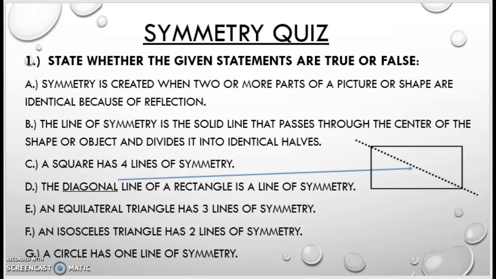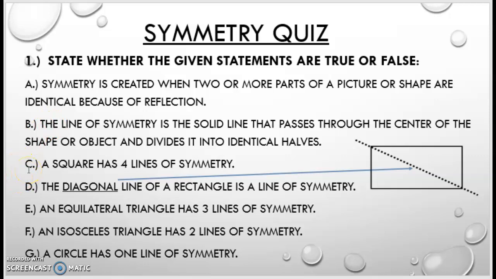Right, we're going to do 2 questions with the symmetry quiz. I'm going to read out the questions to you. All you have to do is state whether the given statements are true or false. Question 1 is on this slide and question 2 will be on the next slide. Question 1a. Symmetry is created when 2 or more parts of a picture or shape are identical because of reflection. B. The line of symmetry is the solid line that passes through the center of the shape or object and divides it into 2 identical halves.